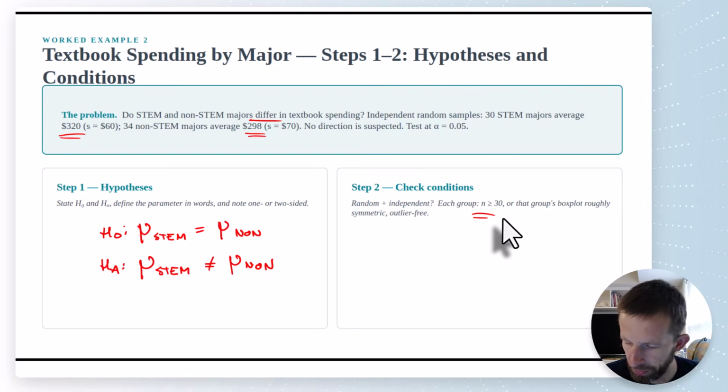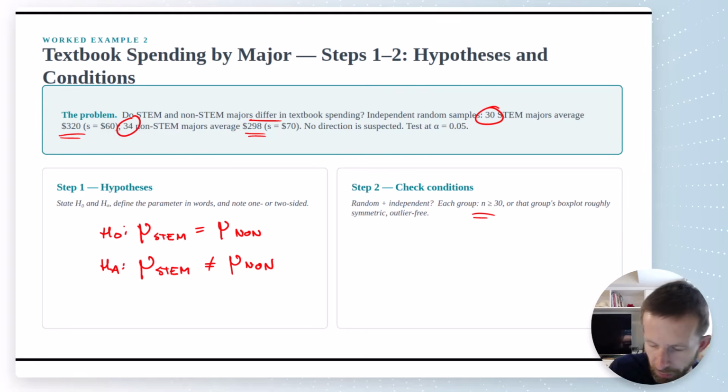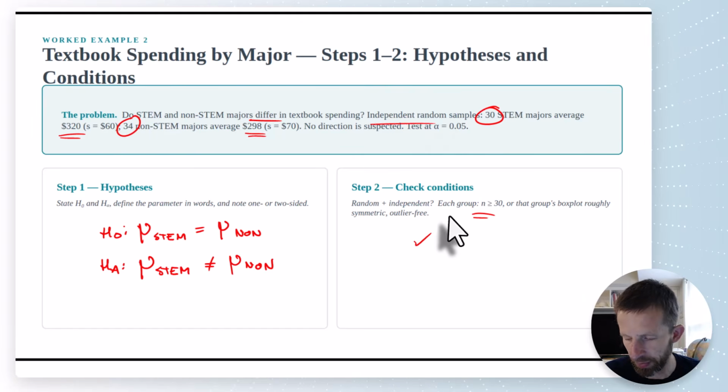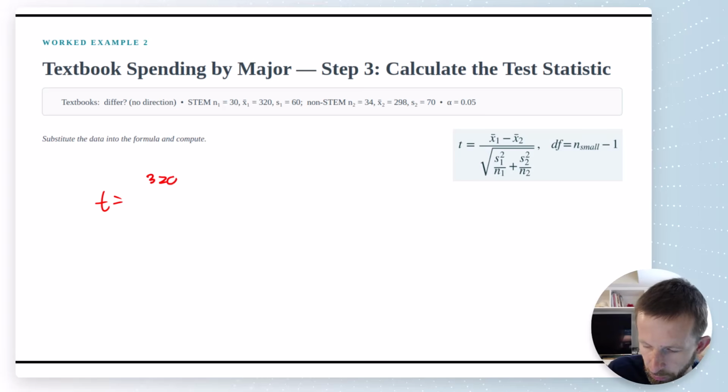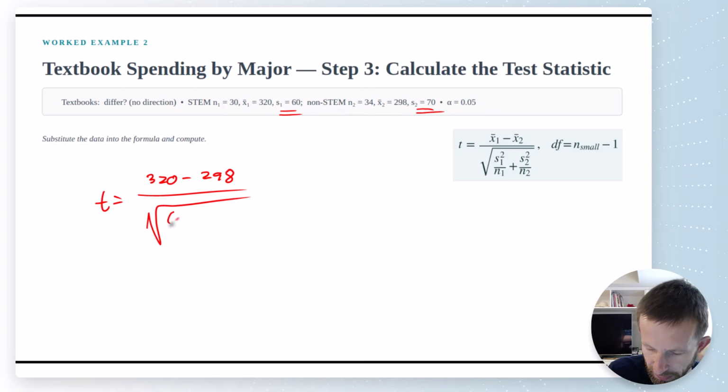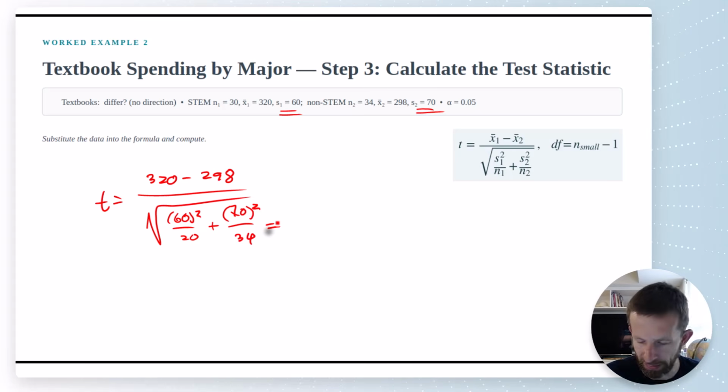Each group is greater than or equal to 30. Yes, we have 30 and 34 independent random samples, so conditions are checked. We want to find the test statistic. So we want to do 320 minus 298 divided by the square root of the standard deviations, 60 squared over 30 plus 70 squared over 34, and that ends up being 1.35.